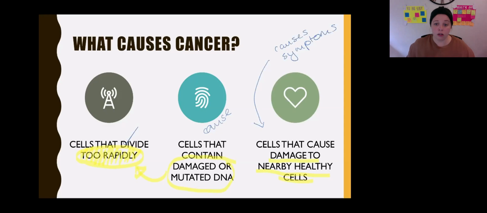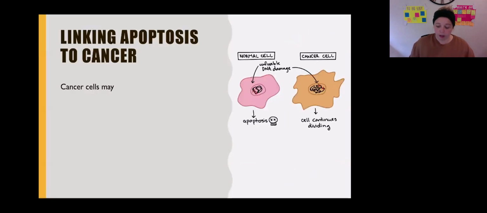Yeah, uncontrolled cell division. So here is your normal cell on the left here, and that's the pink one. Normally you get unfixable DNA damage, so there might be a mutagen that's done that to it. So for example, you go out in the sun and the UV damages the DNA in your cells. So what happens is your mitochondrial pathway would detect that DNA damage.